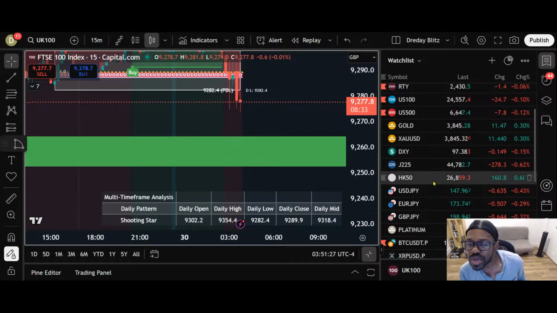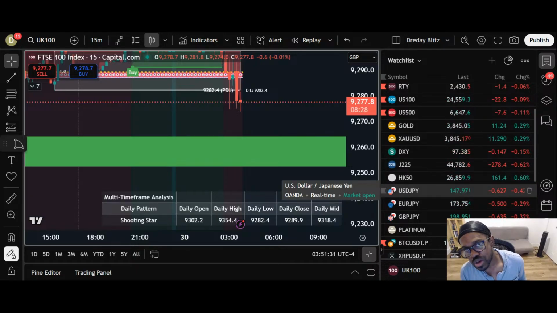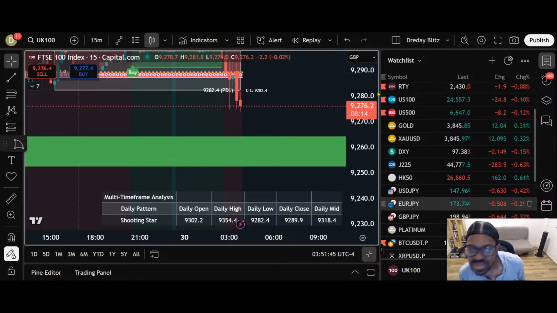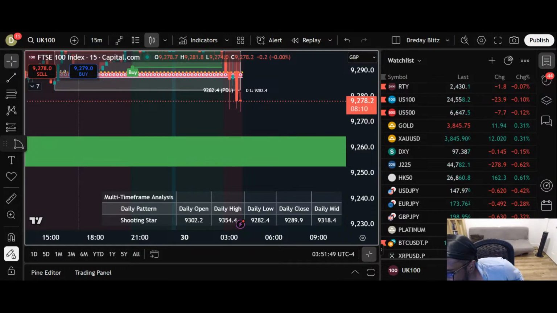And at New York, we have US30, NASDAQ, S&P 500, gold, Russell 2000, and German. No, we have around six. So that's good on that.